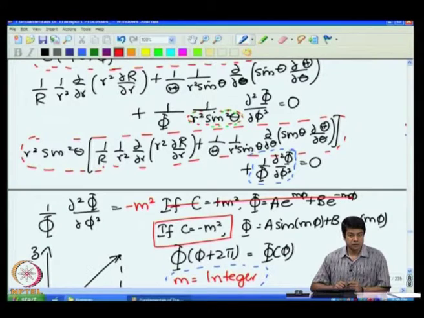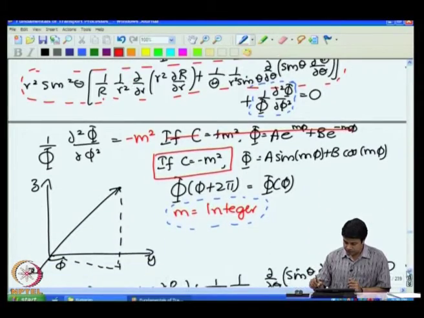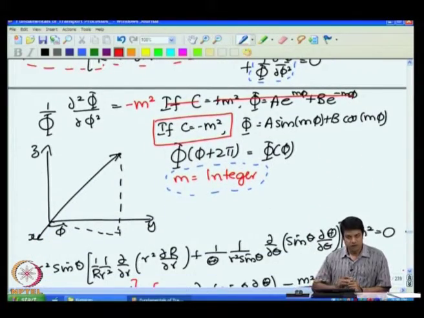In this particular case, we get discrete eigenvalues from a symmetry consideration, that is that if I am at any particular angle phi and I go all the way around and come back to that same angle, in other words, if I increase phi by 2 pi, I should come back to the same location and the concentration has to be exactly the same, because it is the same physical location in space, even though the phi coordinate has been incremented by 2 pi.